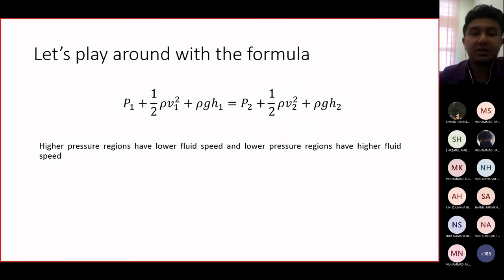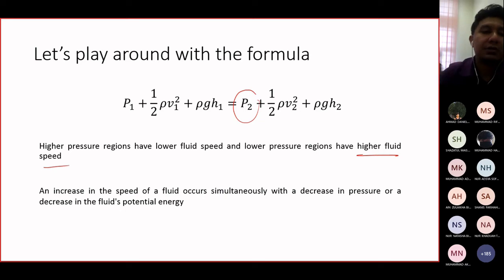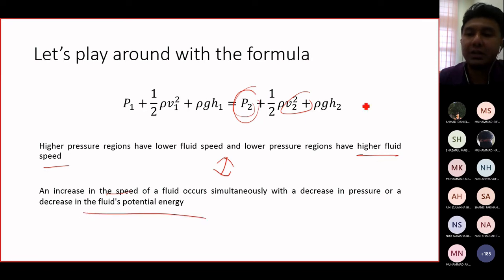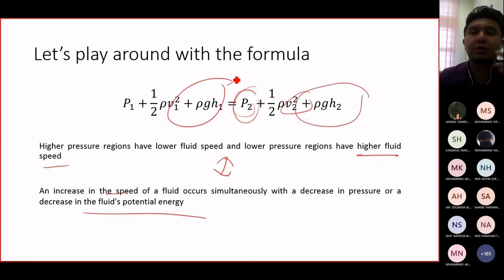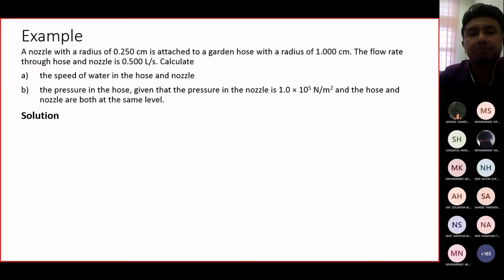So higher pressure regions have lower fluid speed and lower pressure regions have higher fluid speed. They are actually the same thing. Increase in the speed of fluid occurs simultaneously with decrease in pressure, or a decrease in fluid potential energy. If you play around with this, you will see it.